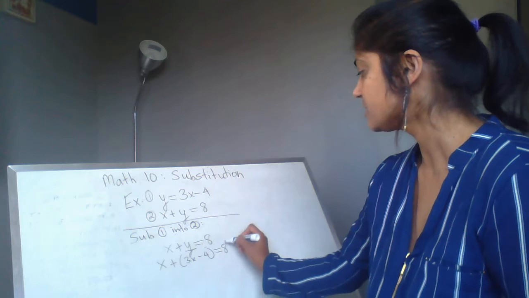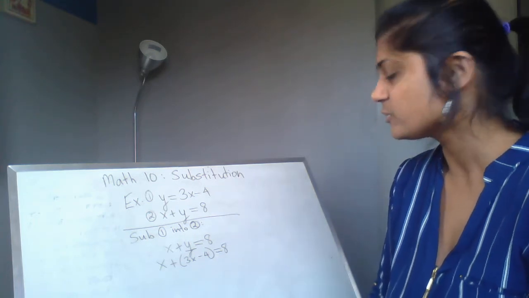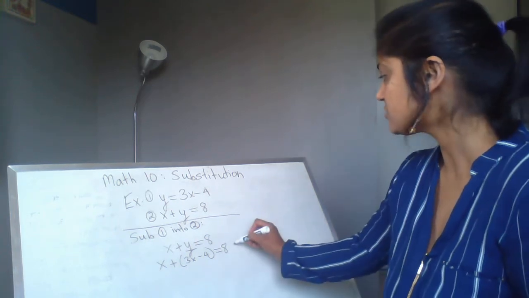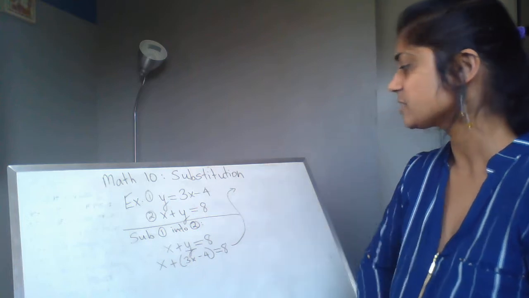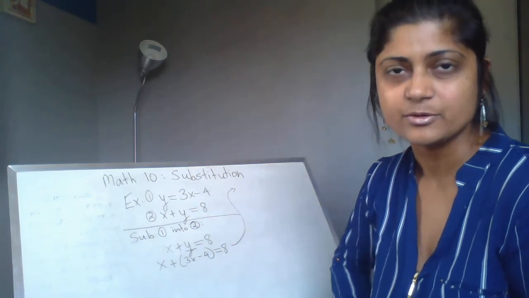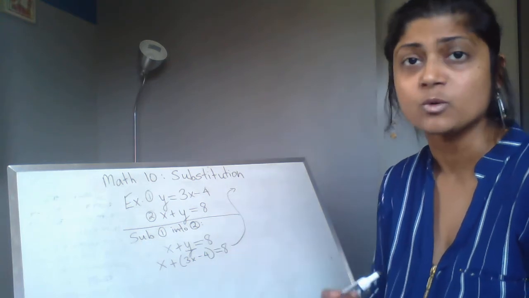I'm basically writing it in the brackets here so we can see when we're putting the like terms together. Because I'm just adding them together, I don't actually need to put the brackets. This was just to show you where I'm substituting the y.